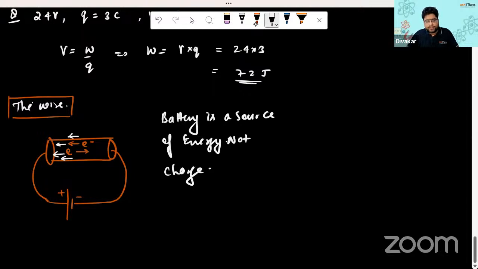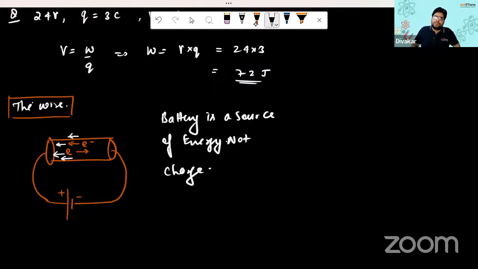If somebody tells you that the battery is giving charges, that is why there is current, no, charges are there in the conductor. Kids are there in the room. You want a PT teacher. So the battery is like that PT teacher who aligns them in a particular way and lets them move in a particular direction.